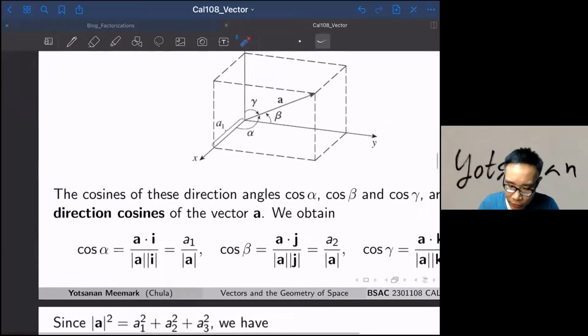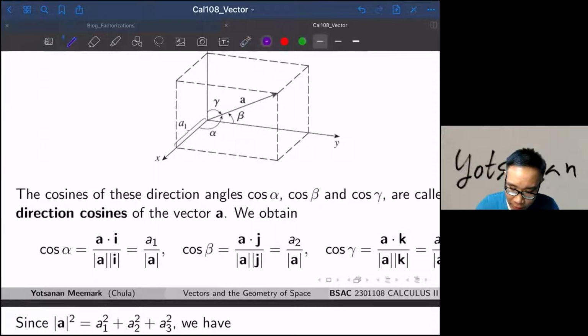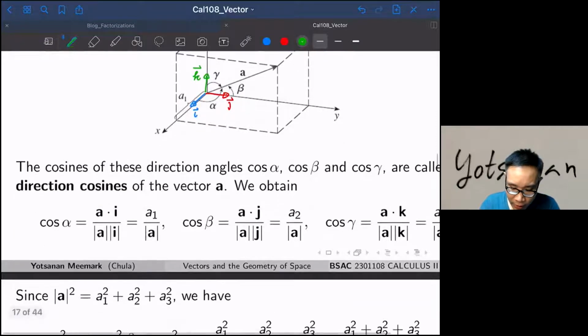The way to obtain them is to use the vectors i, j, and k. If I draw my vector i, vector j, and vector k, you can find the angle alpha using what is called the direction cosine.